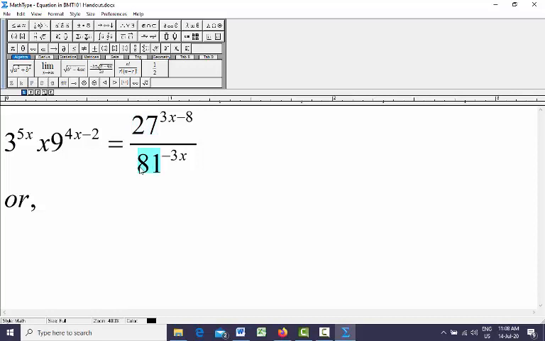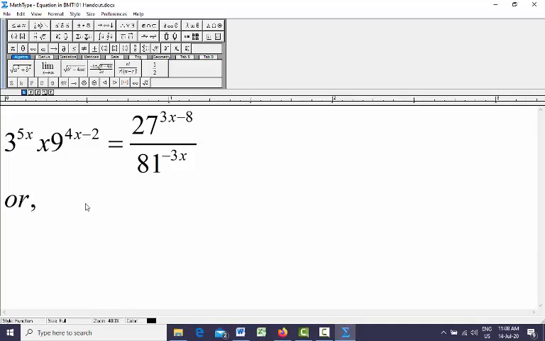And again, if you break 81, you can write it as 3 to the power 4, which means 81 is a multiple of 3, or in other words 3 is a factor of 81. So if you have a problem like this, it's always better to convert the full problem into the common factor, the smallest possible factor, right?